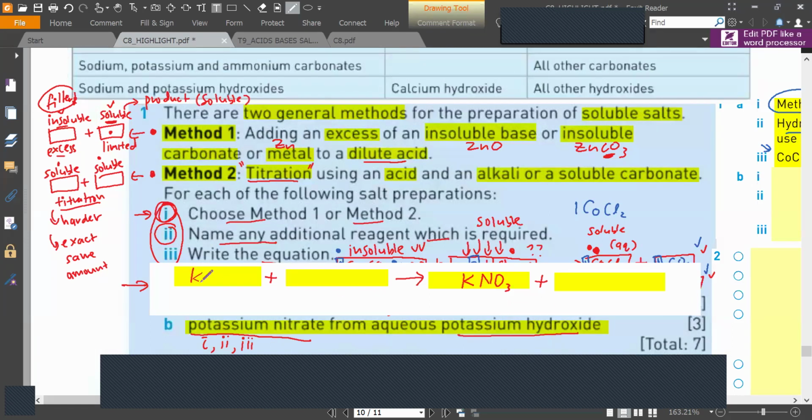Potassium hydroxide. Now, first, let me know what acid we need to use. Try to figure out what acid we need to use to get this product.